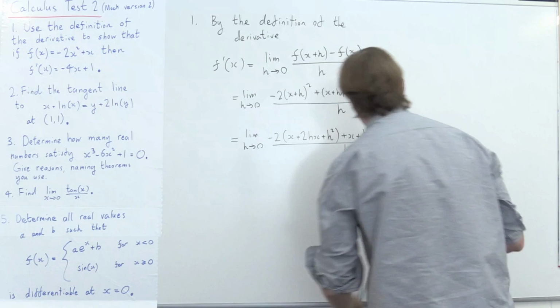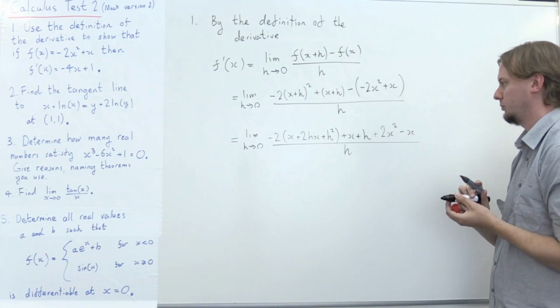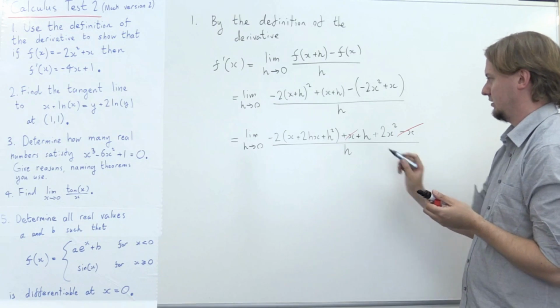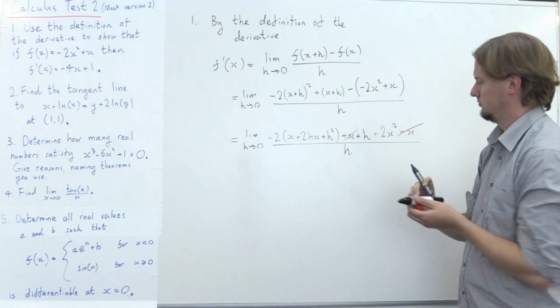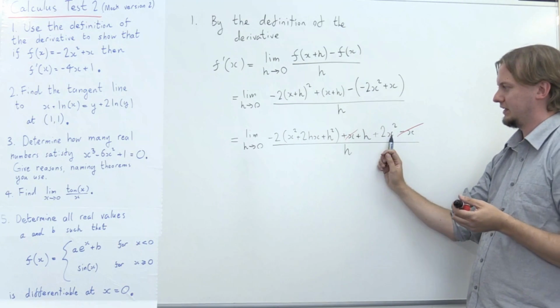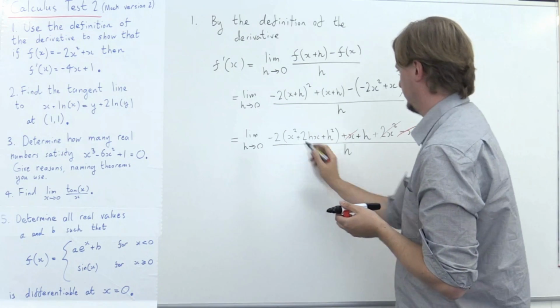There are a lot of terms here that cancel out, which is what we would hope for. I know that this term cancels out this term. This is a minus 2x squared, and that cancels out with the 2x squared.